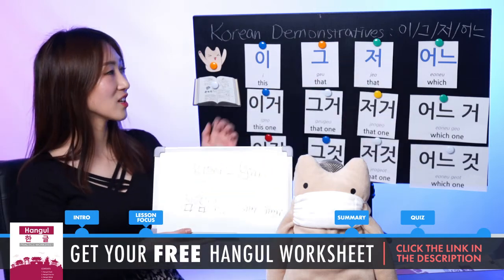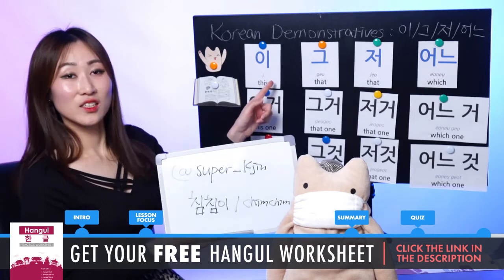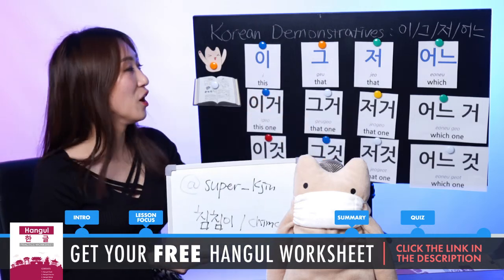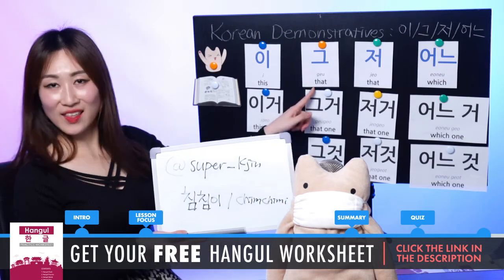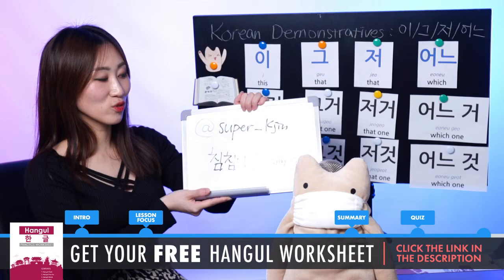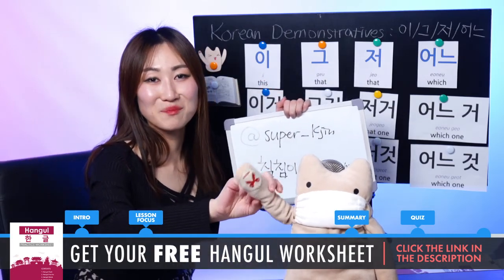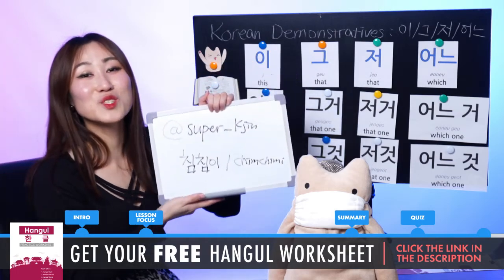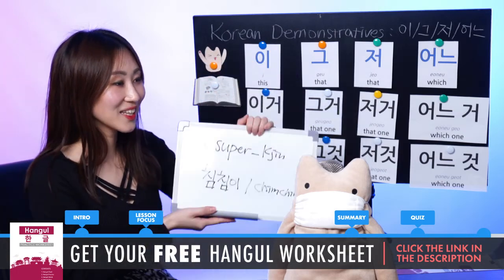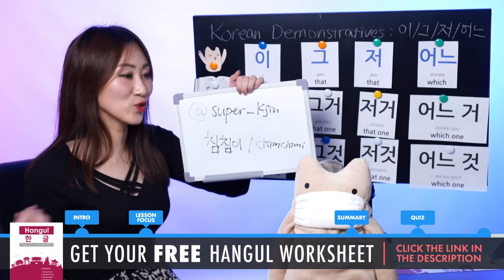Any example is fine. Like, 침침, this dress is beautiful. Or, 침침, what is that? 침침, which one do you like? Anything is okay. So your homework is capture the picture of 침침 and use 침침 as an example in your sentence. Then I will repost your homework to my Korean students.